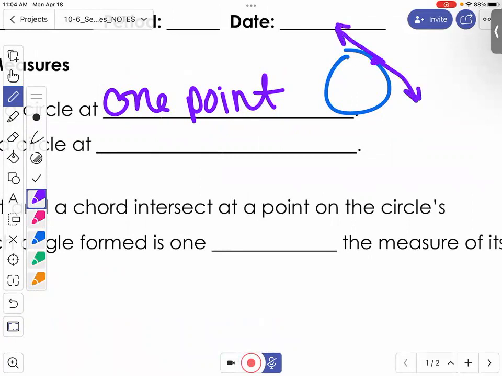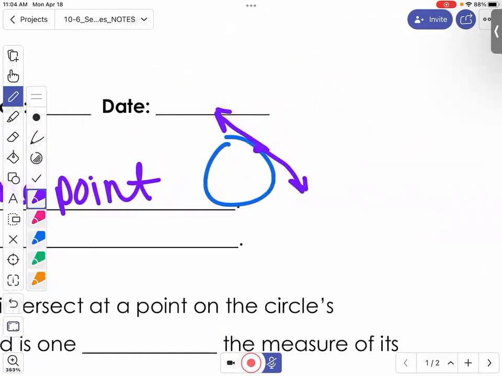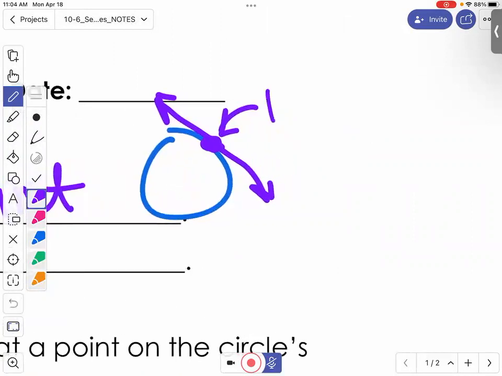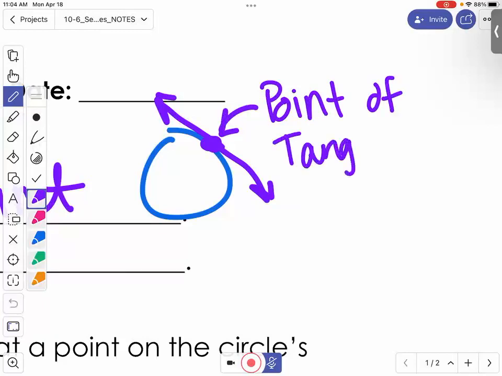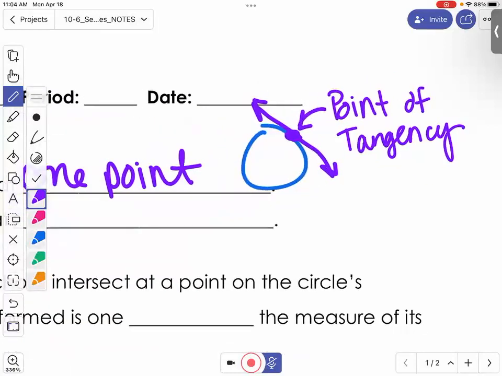So that would be considered my tangent line. Now that point of intersection has a specific name when it comes to tangent lines, and that is known as your point of tangency. Okay, we call that point a point of tangency for our circles.